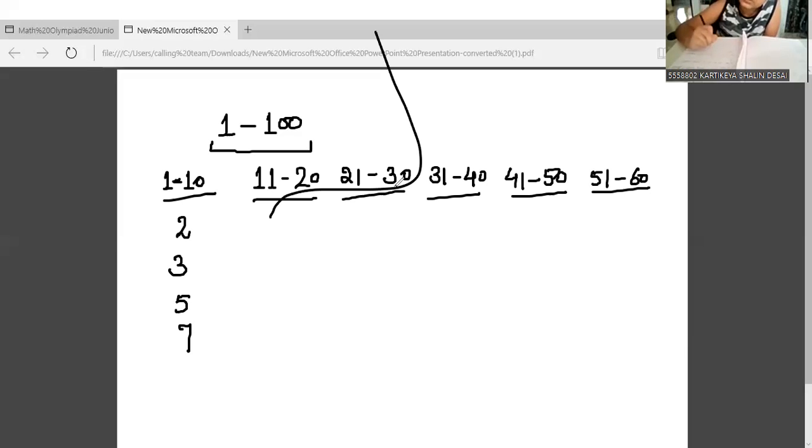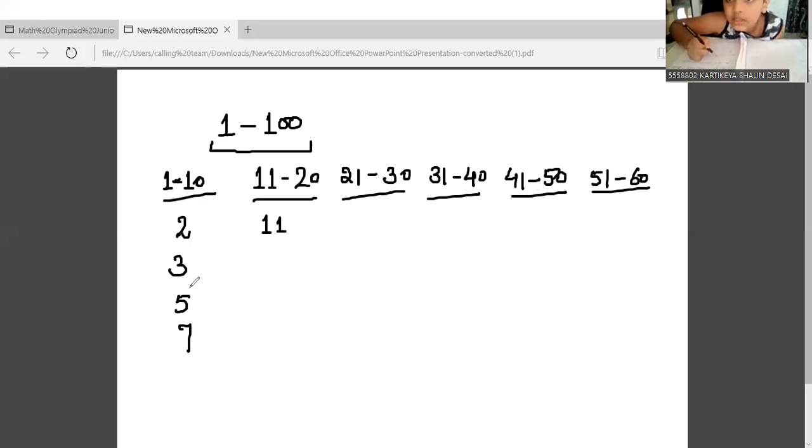Yes, Kartike. So you can tell me all the prime numbers from 11 to 20. I don't know them. Okay, so let us try with me. What about 11? Can you think of any table where 11 comes except 1 and 11? Can you say that all the even numbers should be skipped?